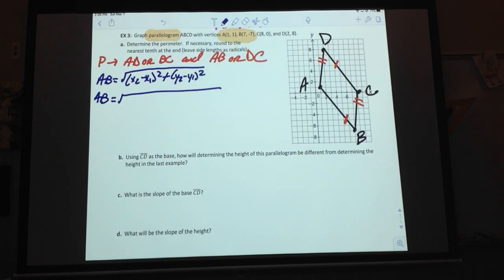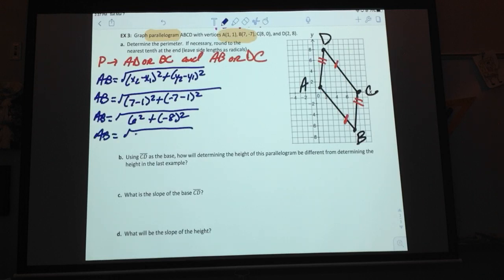So, A to B, 1 to 7. So 7 minus 1 squared plus negative 7 minus 1 squared. So AB is going to be 6 squared plus negative 8 squared. So AB is going to be 36 plus 64. Ooh, look at that.